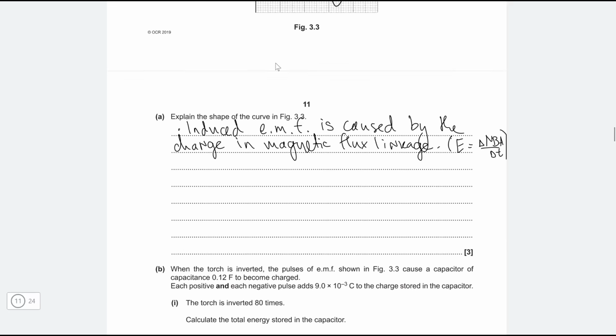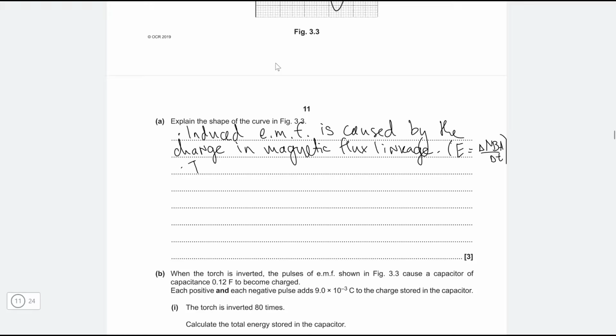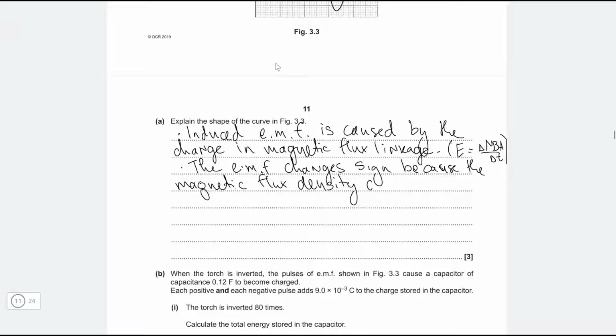So what we can say is that the EMF changes sign, and that will be because the magnetic flux density changes sign as the magnet falls.